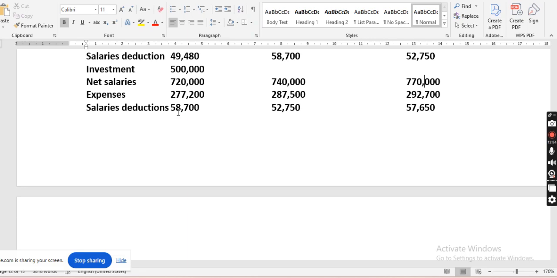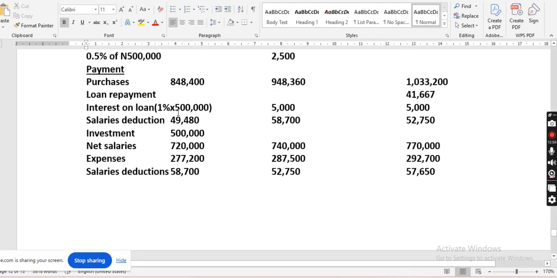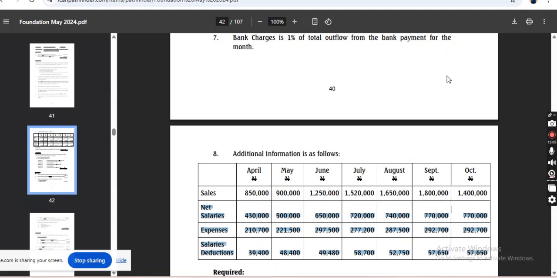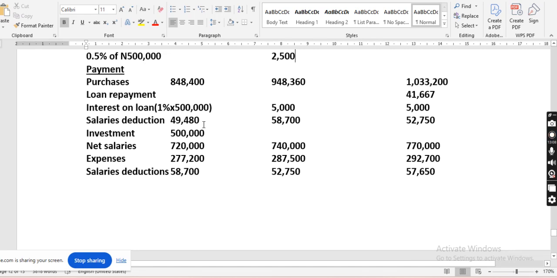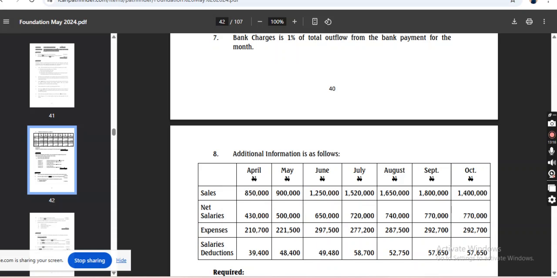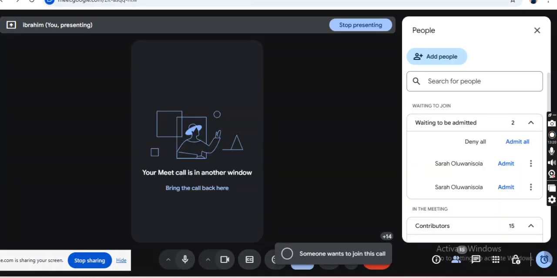Okay. Now, don't forget, we need our bank charges. Your bank charges is on the total outflow, right? Your payment is your outflow, class.